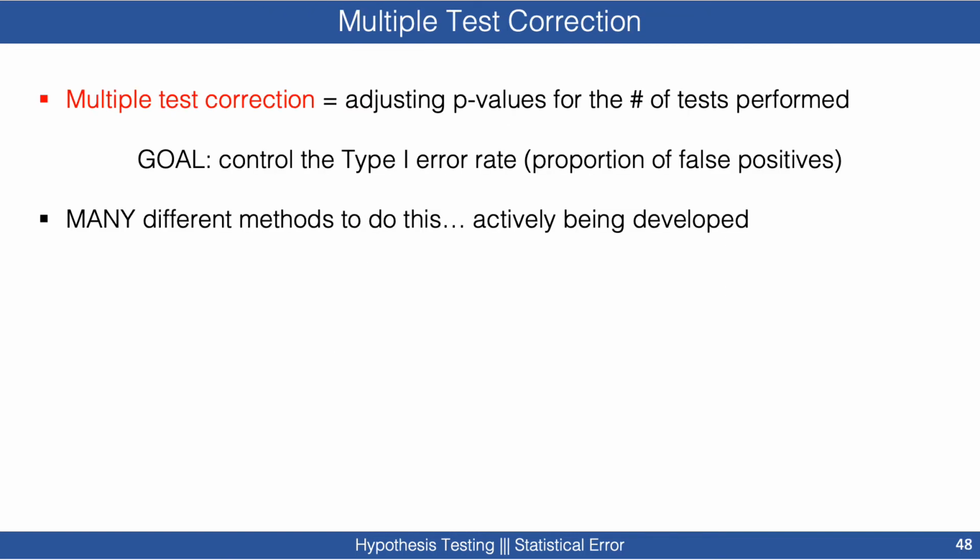And that is why a multiple hypothesis test correction is needed whenever your experiment or your investigation requires the test of many different hypotheses in the same experiment. And one way to do this is to adjust the p-value.